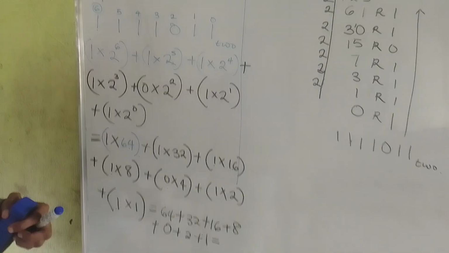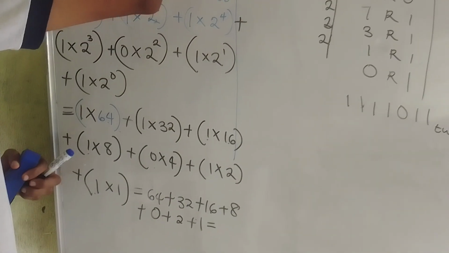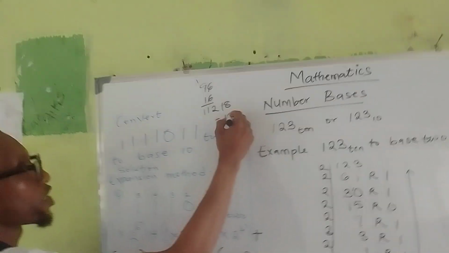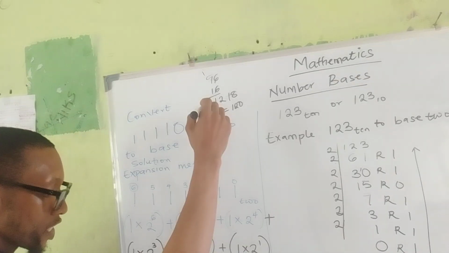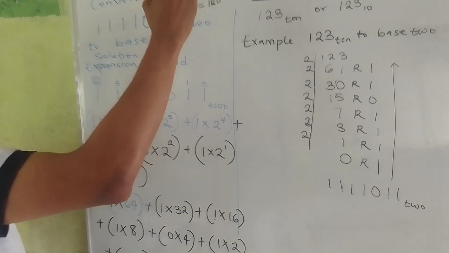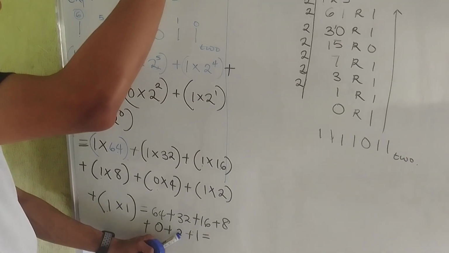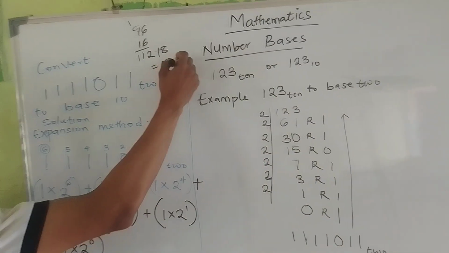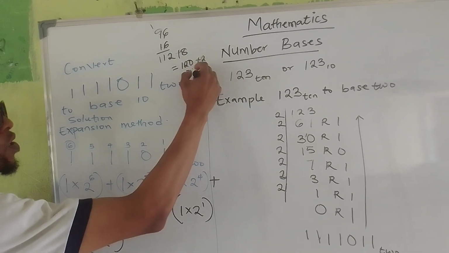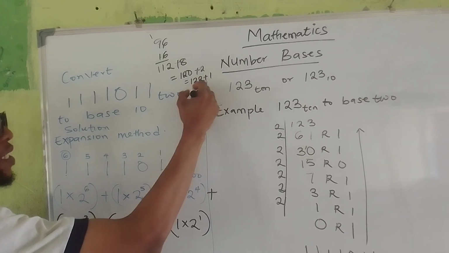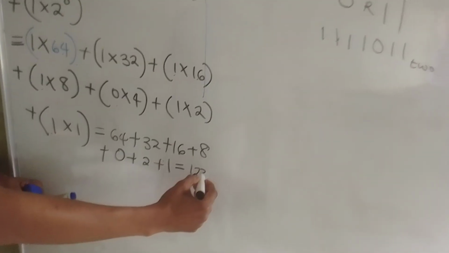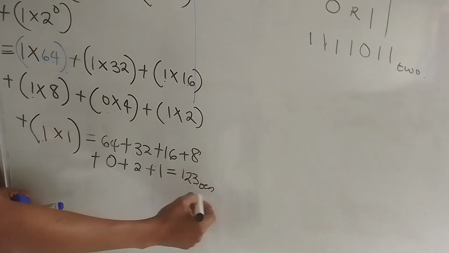So I have 112. 112 plus 8 will give us 120. 120 plus 0 is 120. 120 plus 2 is 122. 122 plus 1 is 123. So that confirms that this is as good as saying 123 in base 10.